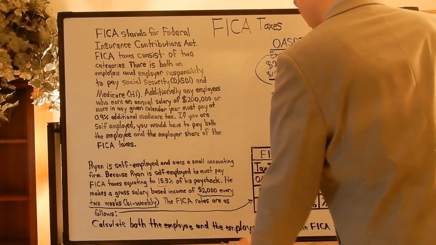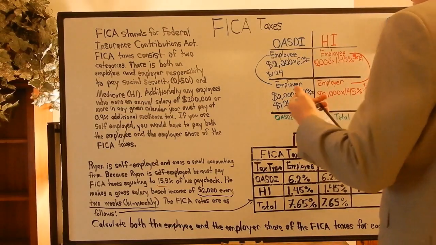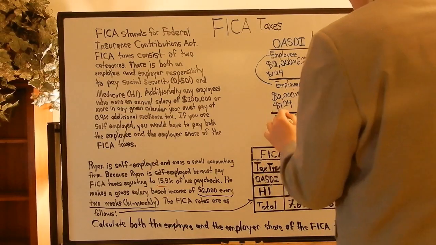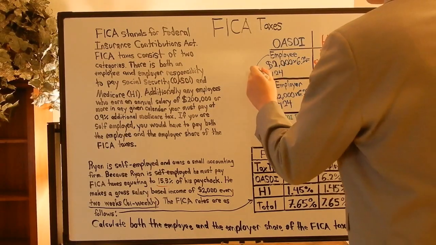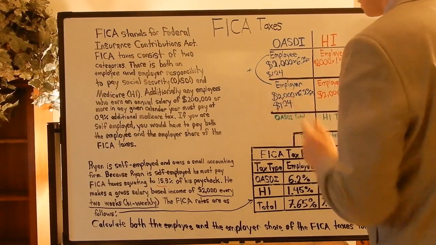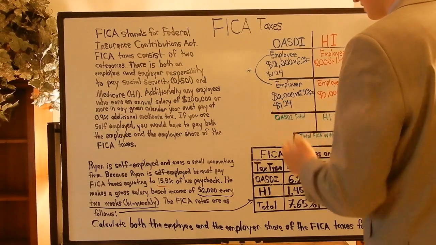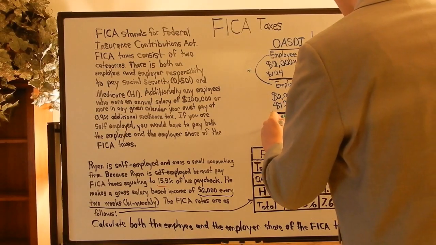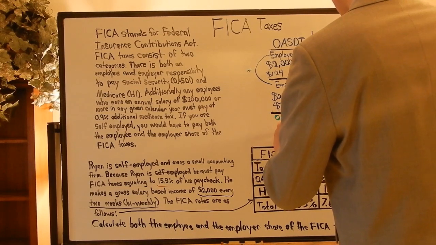Then for the OASDI total, you need to add these two numbers together. So 124 plus 124 is $248.